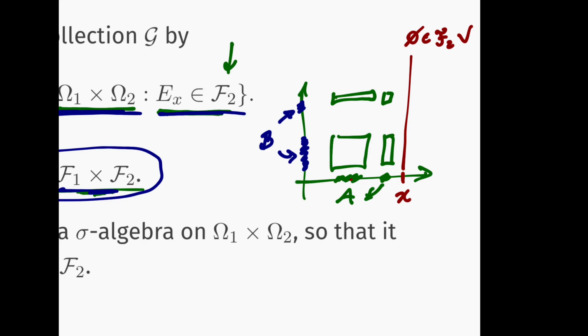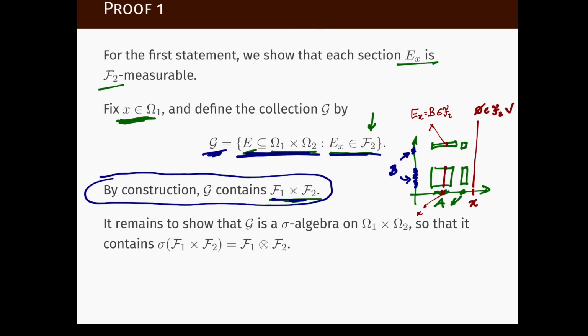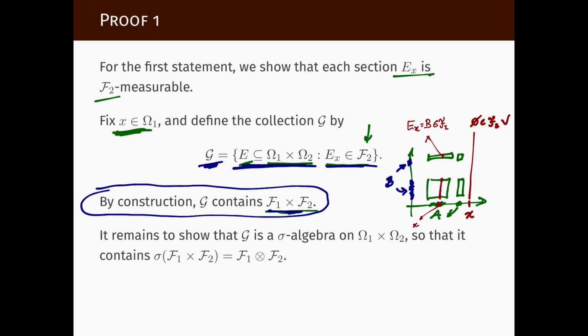And likewise, if x is in the set A, and we look at what Ex is, then Ex will be exactly equal to B, and B by assumption is in F2. So the claim is that sets of this form have this property, because the section was in F2 in both cases.